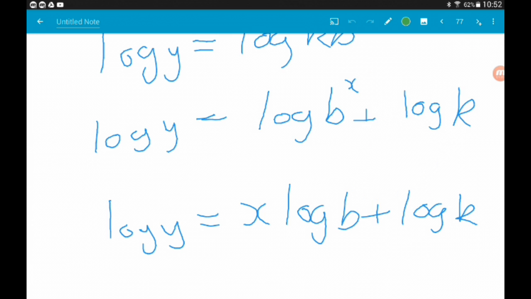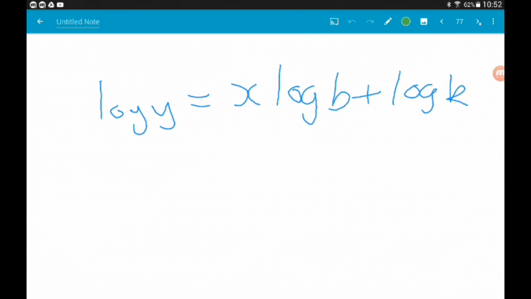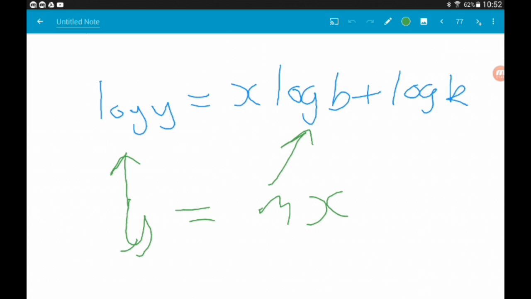So what's going on here in terms of, if we compare it to y equals mx plus c, well, this time, again, our y is now log y. In terms of the mx part though, m is now log b, so that's a constant, and x is just x this time, and then our plus c is our log k term.